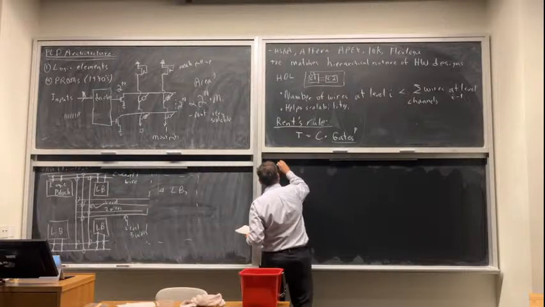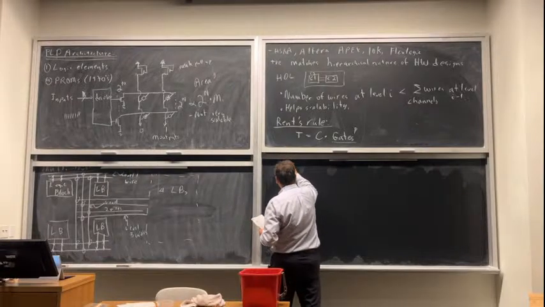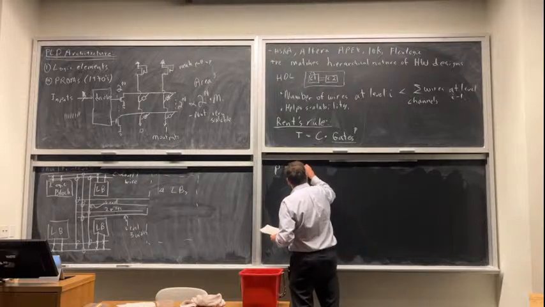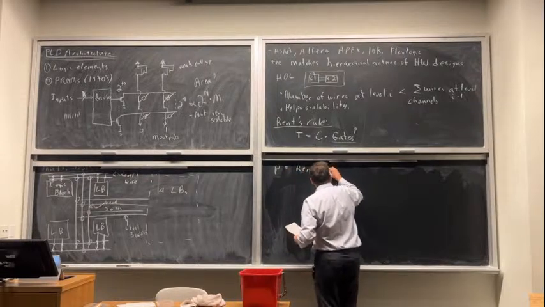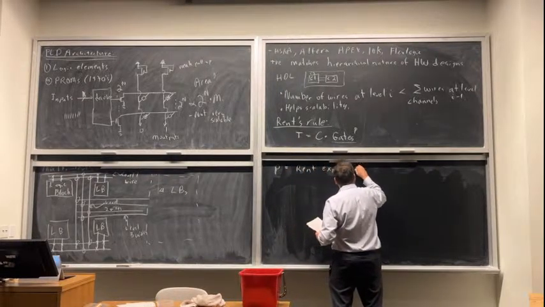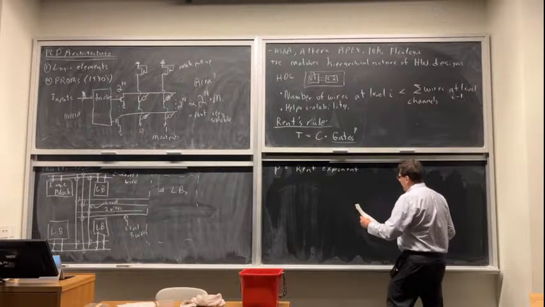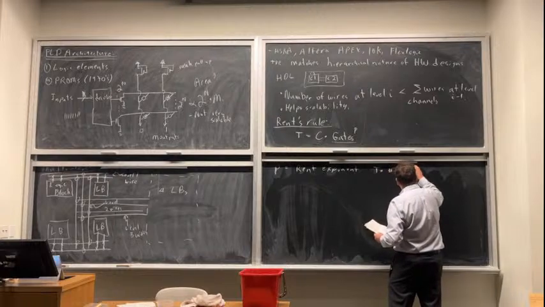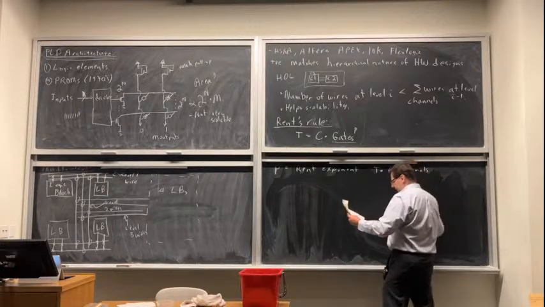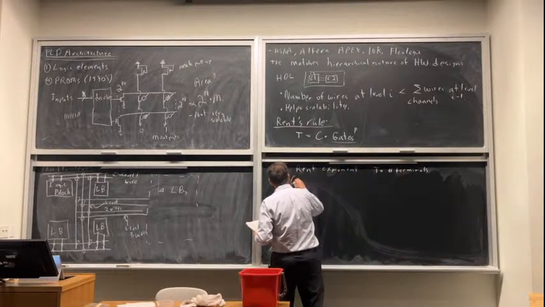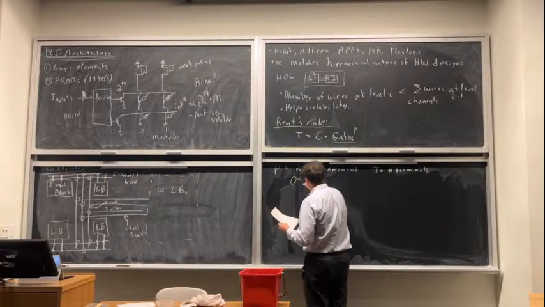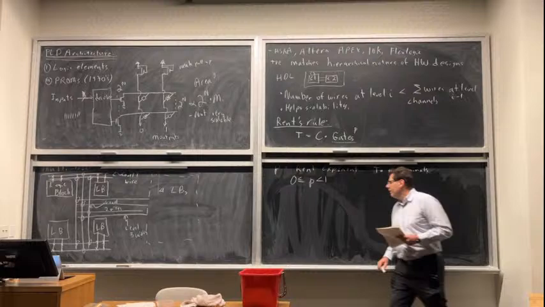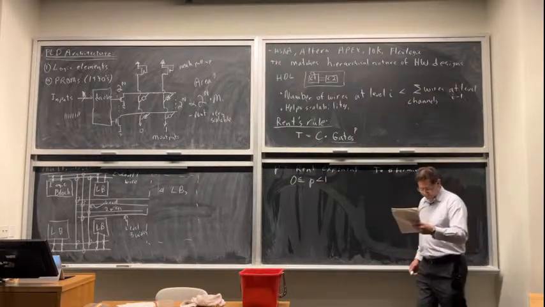And this P is a parameter called the Rent exponent. I already told you this, but T is equal to the number of terminals. So the useful thing about this P is that it's always between 0 and 1. Okay? So it is always less than 1.